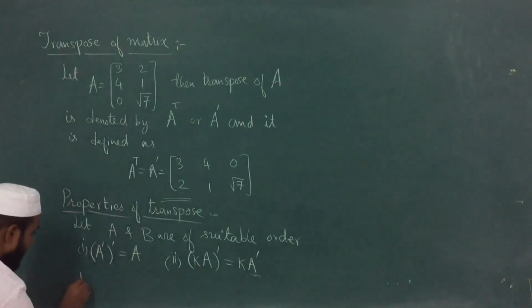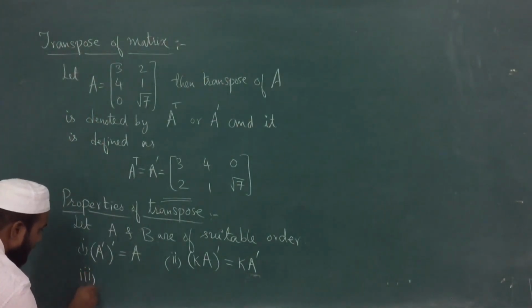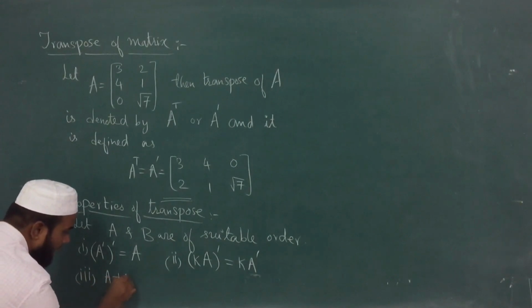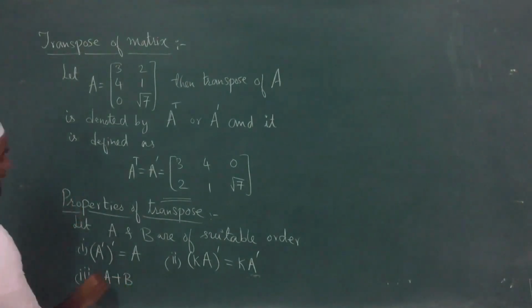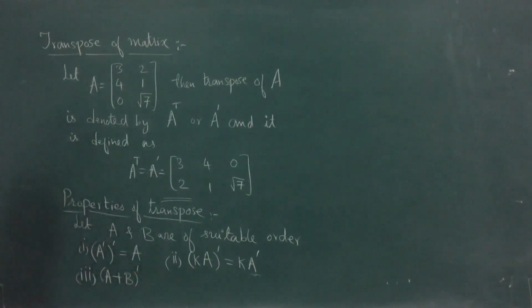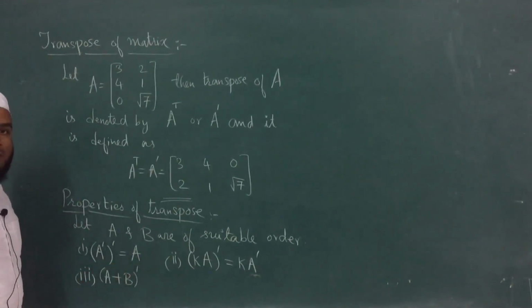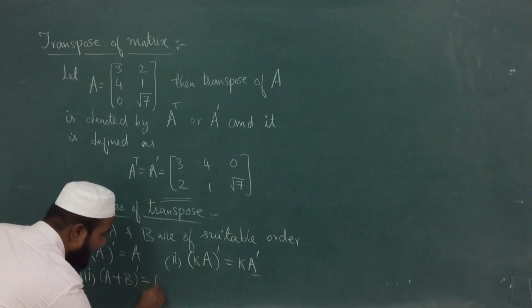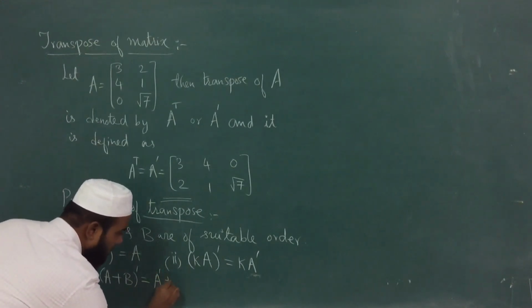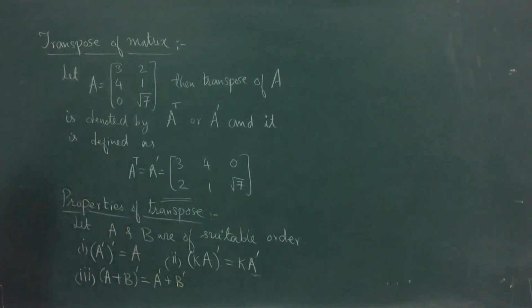Then the third property is, if I add the two matrices A and B and find the whole transpose, it is nothing but the individual transposes added.